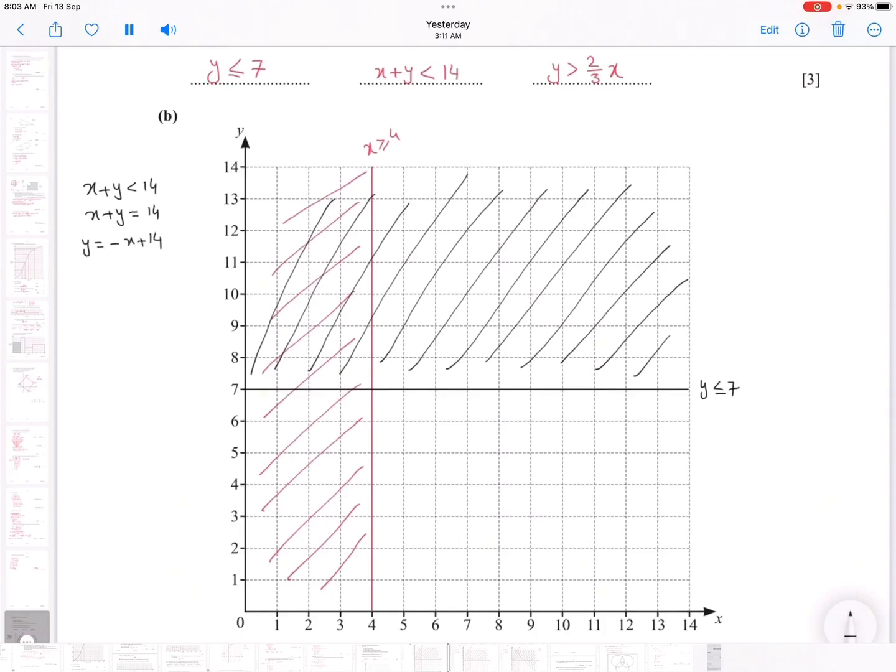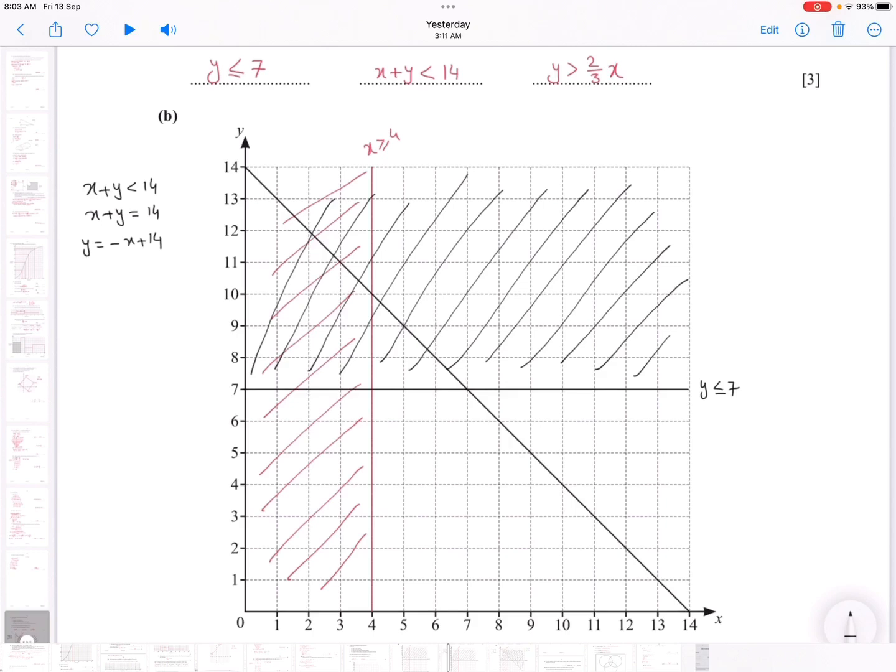So y is equal to minus x plus 14, and you can choose from the grid any value of x, and then you plot the 2 points on the grid so that you can make a straight line. So there your straight line looks like this.